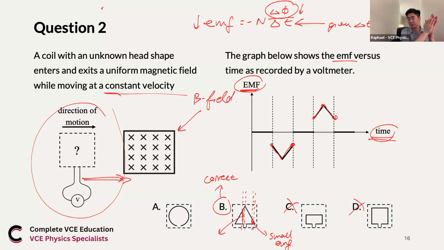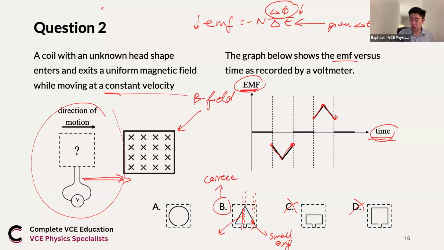Initially, the slice is going to be very small. Somewhere in the middle, you're going to get a very long slice, because you're capturing more of the area of the cake. Same thing here. In the middle, you're capturing more of the flux. And so the shape of the EMF time graph should be related to the vertical cross section that your coil shape is in.